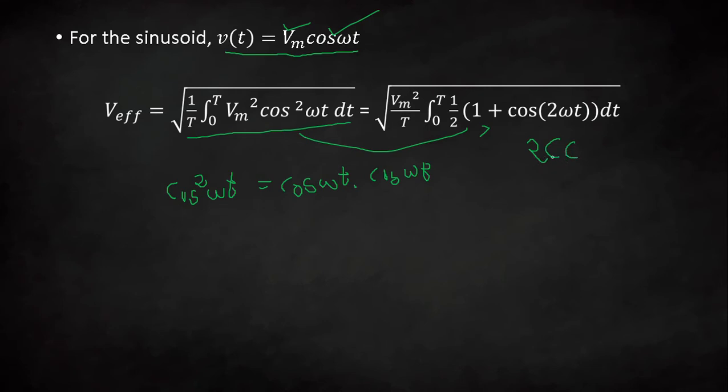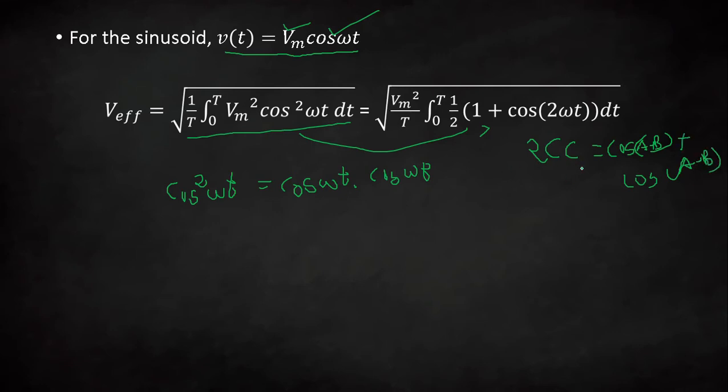2 cos a cos b is equal to cos of a plus b minus cos of a minus b. Okay, sorry, here it will be plus.